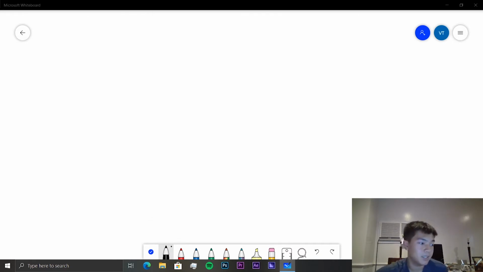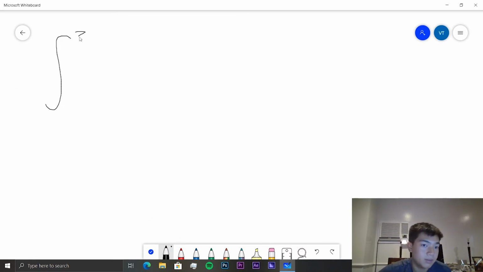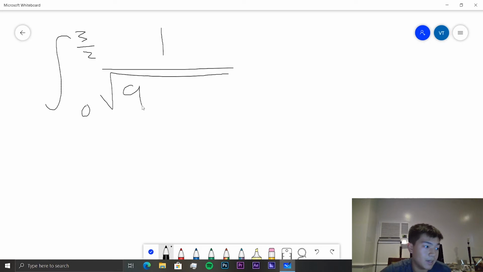And the next question is the integral between 3 halves and 0 of 1 over the square root of 9 minus 4x squared dx. And so here we can use some trigonometric substitution.